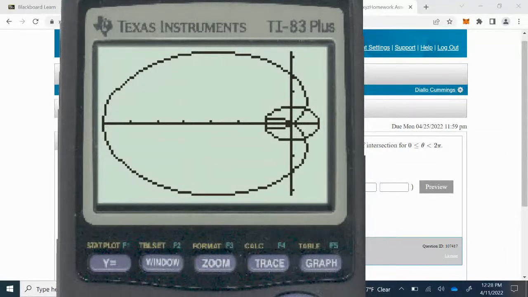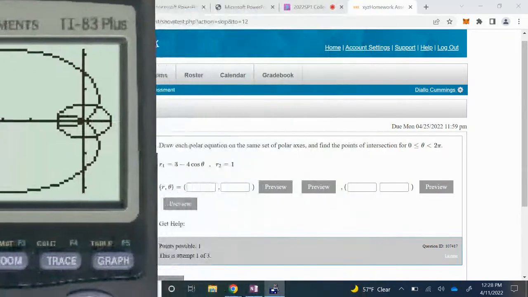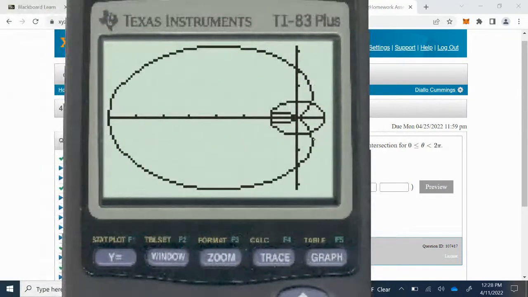All right, so notice these two graphs, they intersect here. And they also intersect here, right? So we actually want these two ordered pair points. And I'm going to shrink this a little bit.